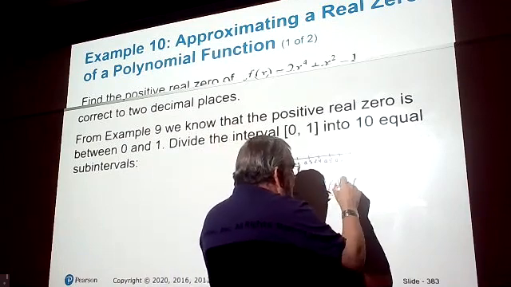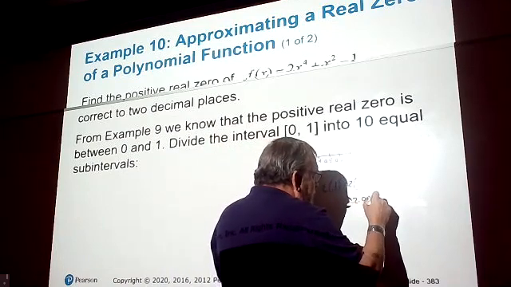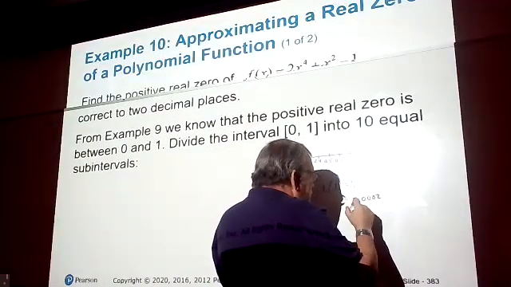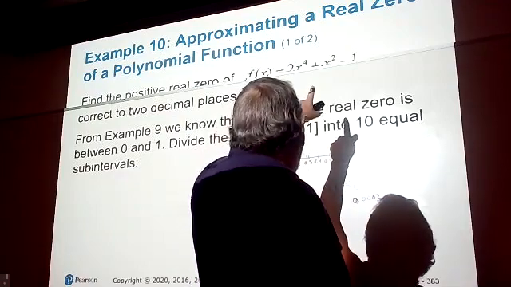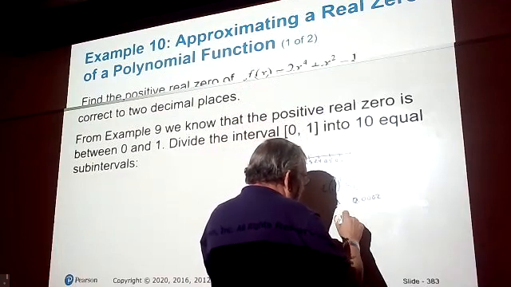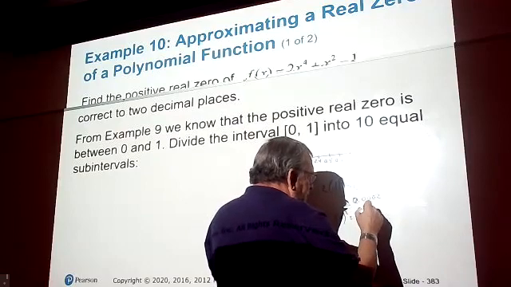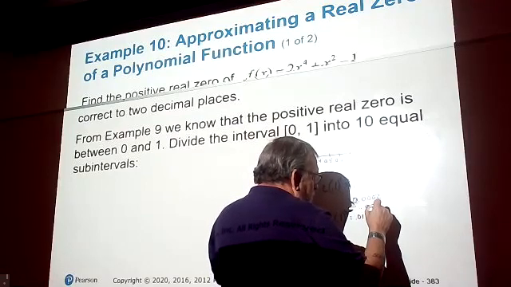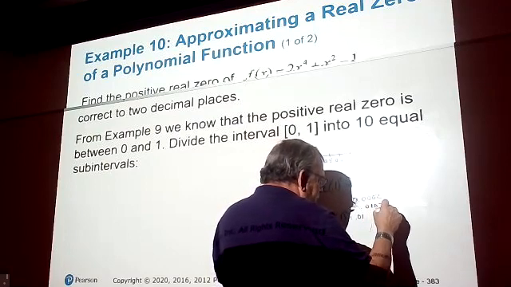And then I'm going to multiply that by 2. So I have 0.0002. And then I'm going to add 0.1 squared, which is 0.01. So now we're going to have 0.0102.